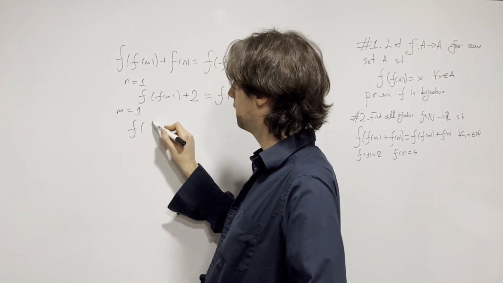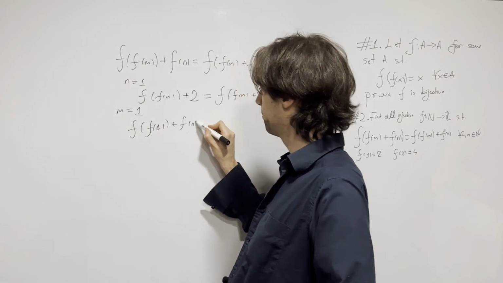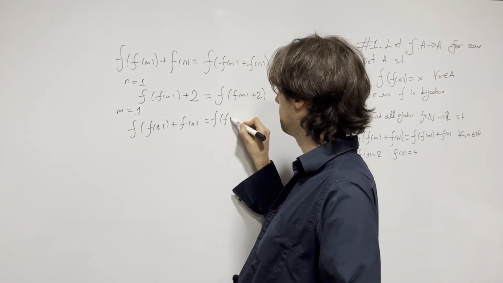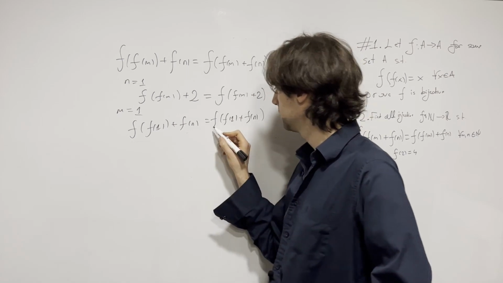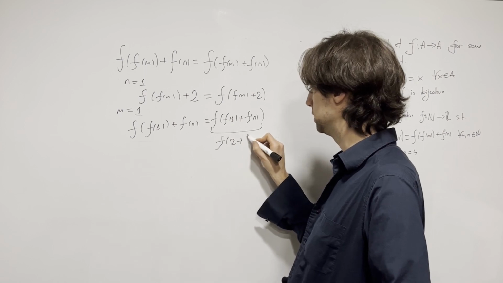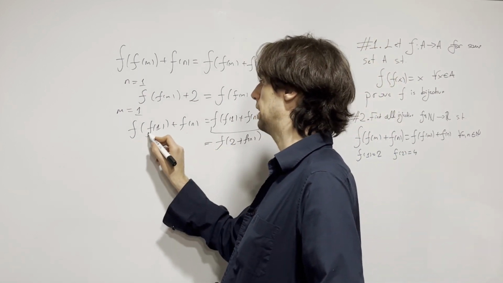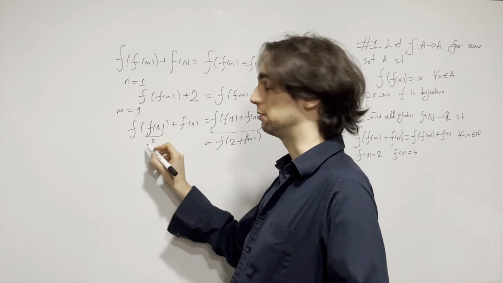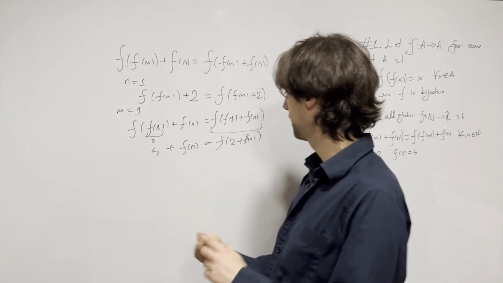Then we have f of 1 plus f of n is equal to f of 1 plus f of n. Now this gives us f of 2 plus f of n. And this thing right here gives us f of 1 is 2, and then f of 2 is 4. This gives us 4 plus f of n.